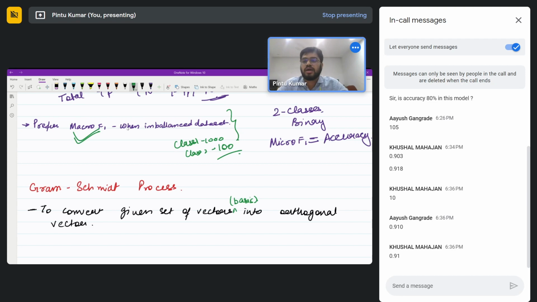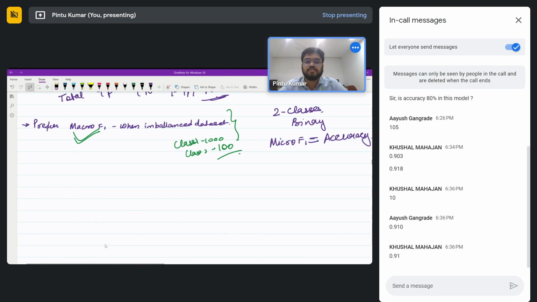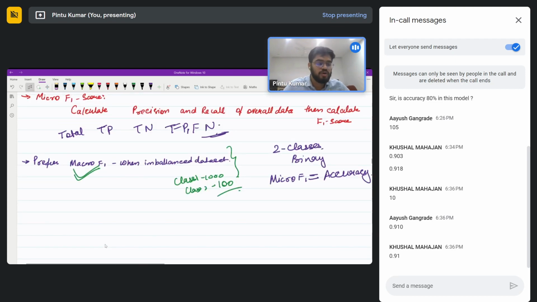Any doubt in classification metrics, whatever we discussed till now, how we test the performance of a model? Then we will move to the Gram-Schmidt process. I'll wait for 2-3 minutes till 6:50 for any doubts on this classification metric.